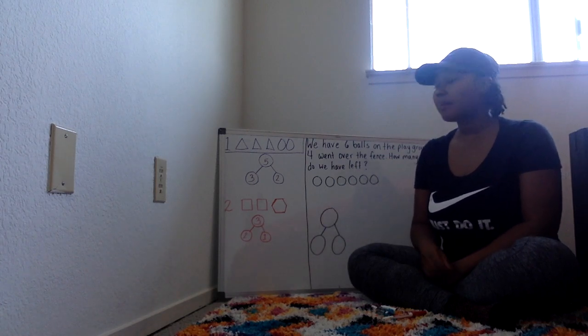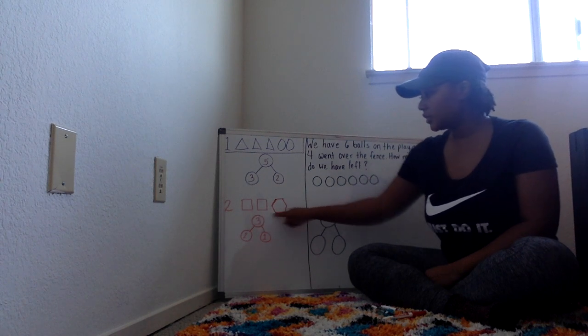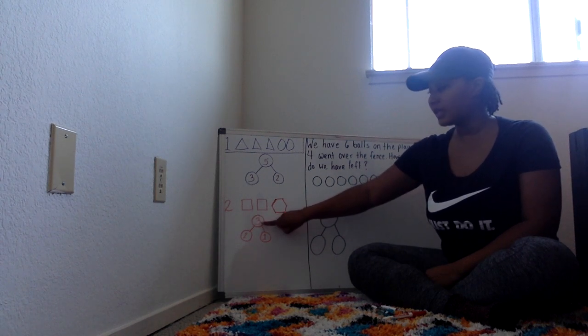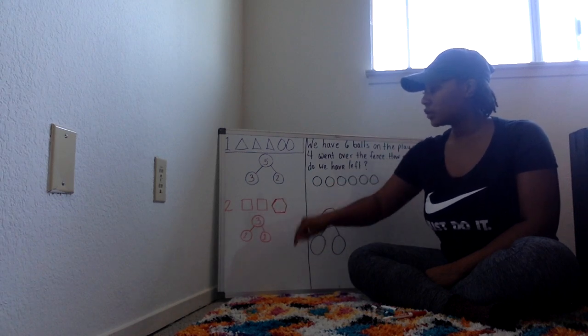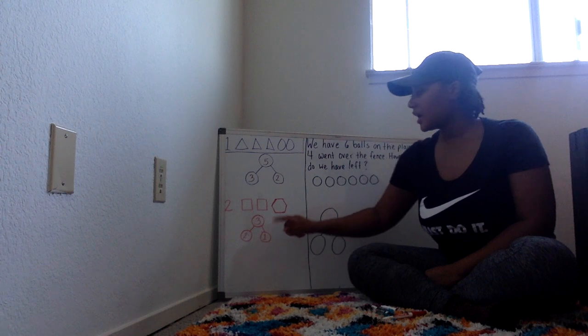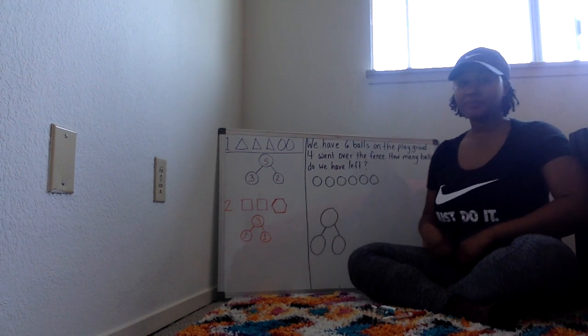My number bond matches my picture perfectly. I have 3 shapes in all, so the number 3 is inside of my hole. I have 2 squares, and I have 1 hexagon. 2 and 1 make 3.